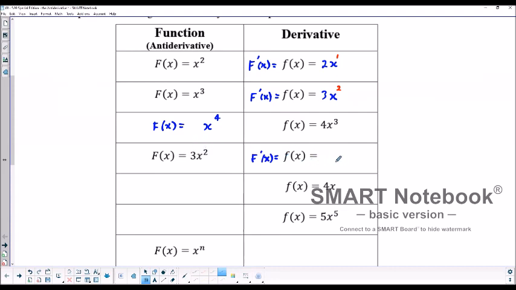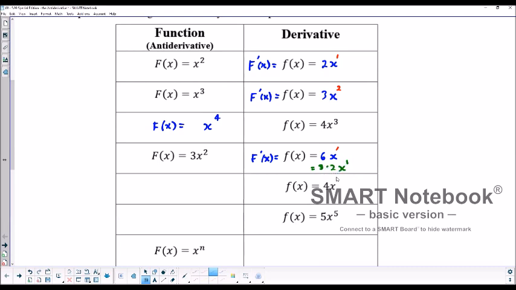That 2 comes down in front. So we're actually going to have 6x, and of course to the power 1, because we subtract 1 from the exponent. Here, that came from 3 times 2, right? The coefficient that we were given at the beginning multiplied by the exponent that came down.